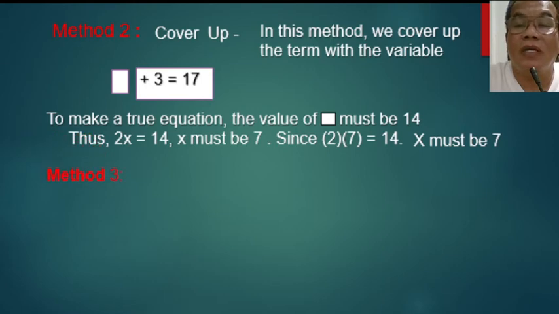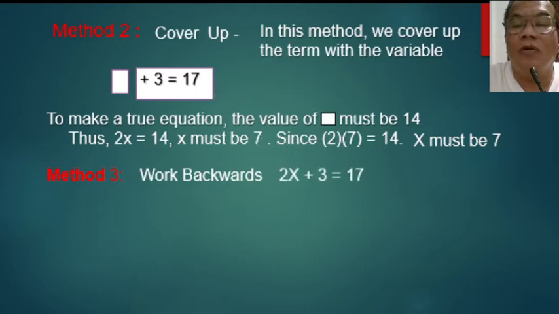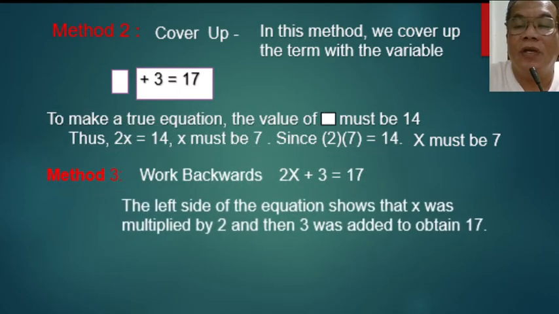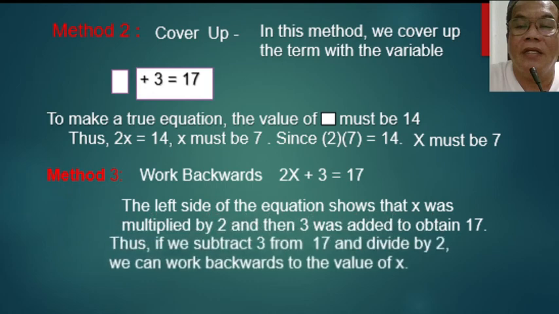Okay, method 3. Work backwards. Again, let's try to solve it backwards from 2x plus 3 equal to 17. So the left side of the equation shows that x was multiplied by 2 and then 3 was added to obtain 17.